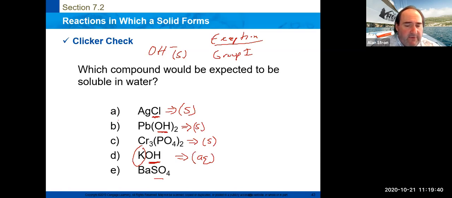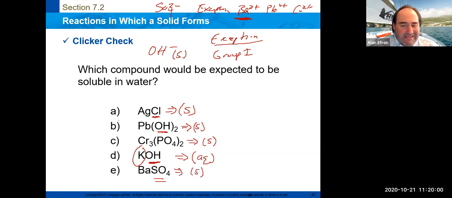And lastly, we have our sulfate, and our sulfate is normally soluble. Again, exceptions to that are barium, lead, and calcium. So in this case, since we do have barium as the exception, it is not going to be soluble, but insoluble. So it does look like D is the example there. Any questions on that? How to use the table?